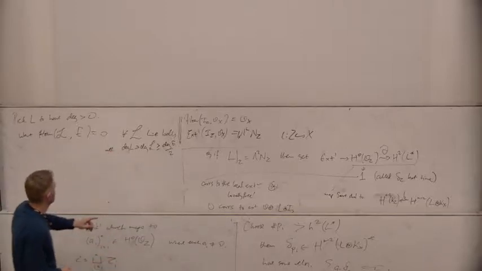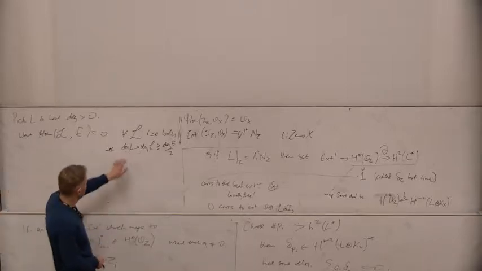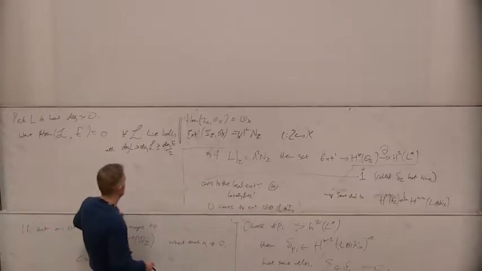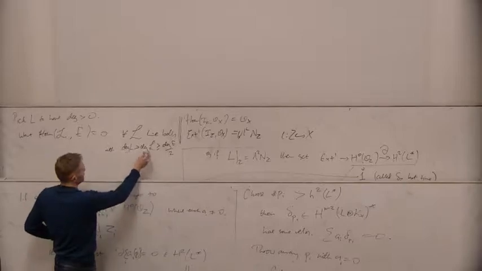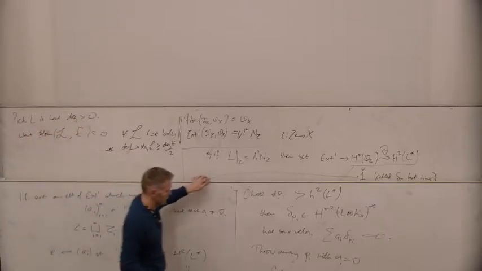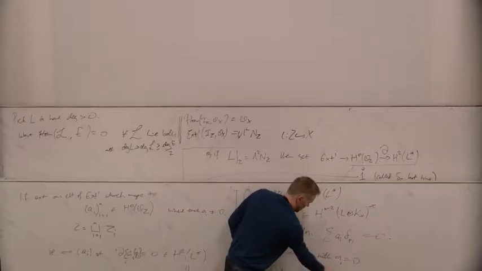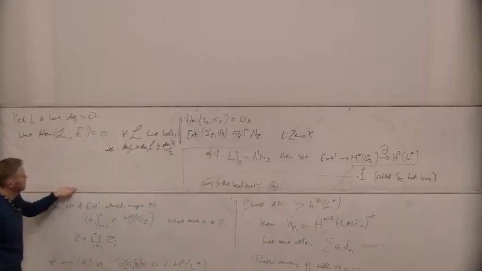You see, if degree of curly L was bigger than the degree of straight L, which is positive, then there couldn't possibly be any Homs from curly L to this, because curly L would be too positive, and you can't have Homs from positive line bundles to negative line bundles, and there wouldn't be any Homs to this for the same reason. So this is all you have to check here.